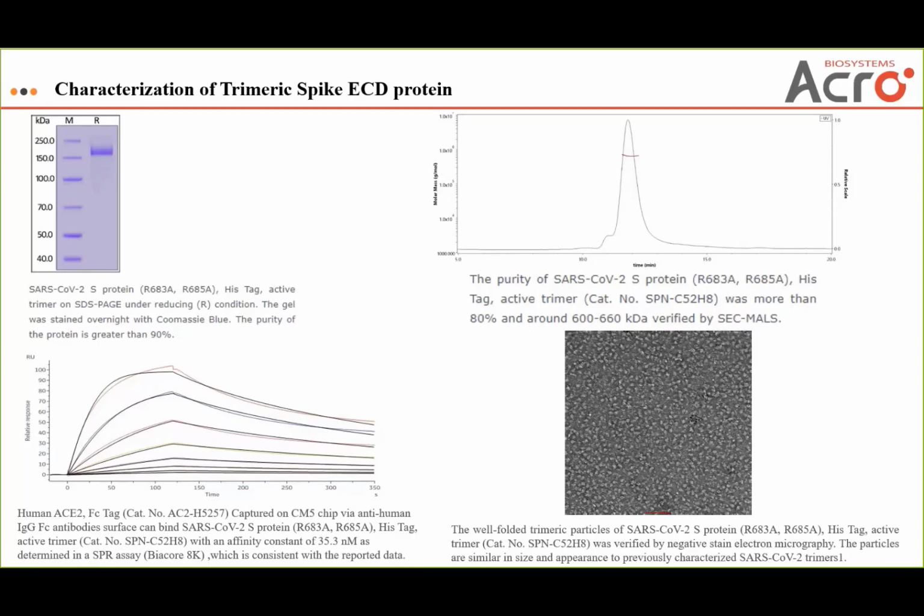In addition, we are the first company around the world that provides the negative stain electron micrograph of our spike trimeric protein. The result shows that the well-folded trimeric particles of SARS-CoV-2 S protein are similar in size and appearance to previously characterized SARS-CoV-2 trimers.